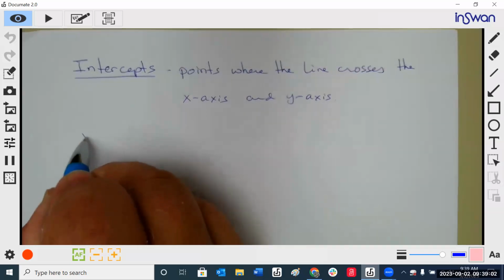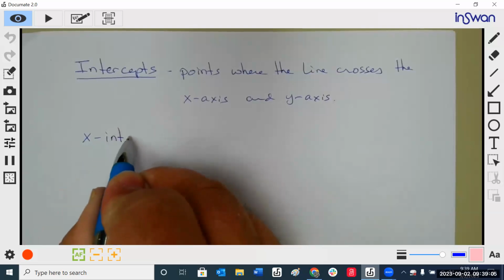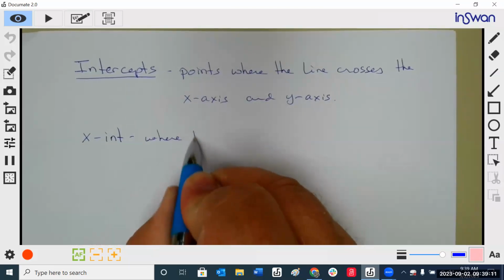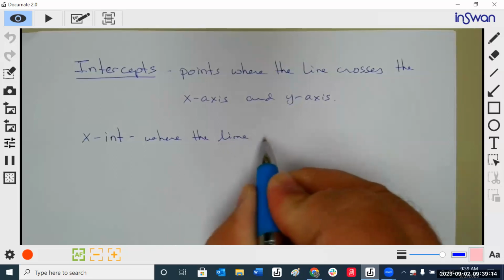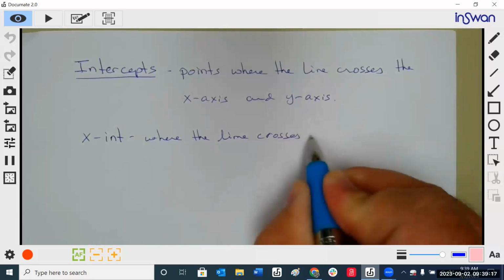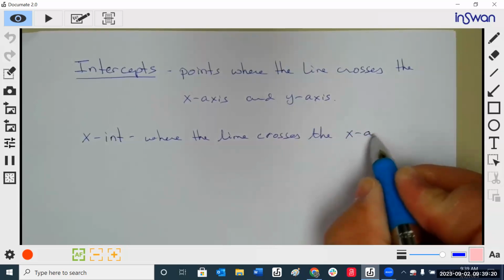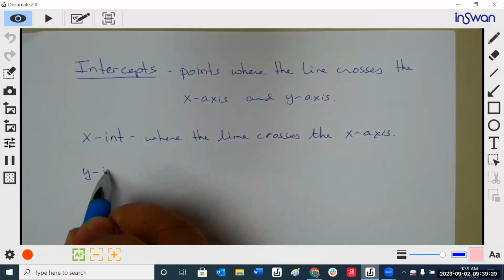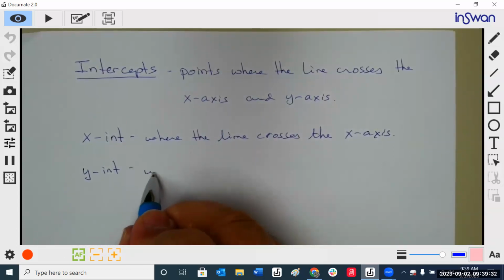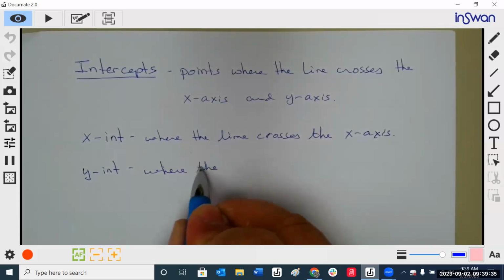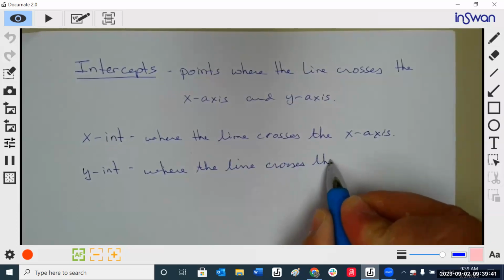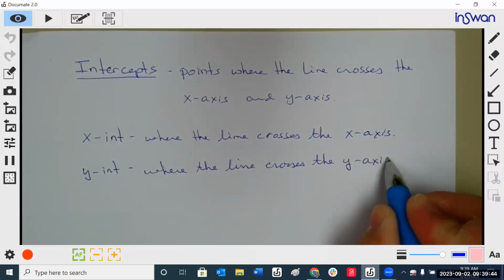So we have two of them. We have an x-intercept, x-int, where the line crosses the x-axis, and the y-intercept, y-int, where the line crosses the y-axis.